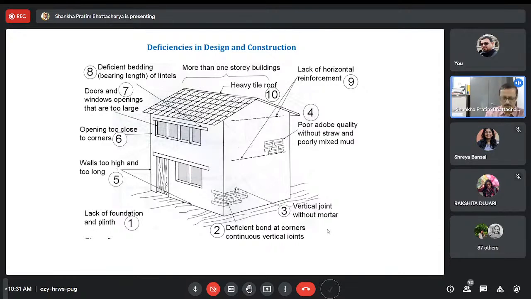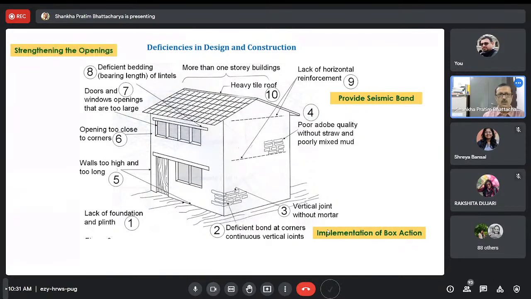So from that point of view, if you see these 10 problems, we can take a lot of precautionary measures, like we can implement some kind of box action. I'll come to that one after another. We can provide some kind of seismic band. We can think of strengthening the openings.